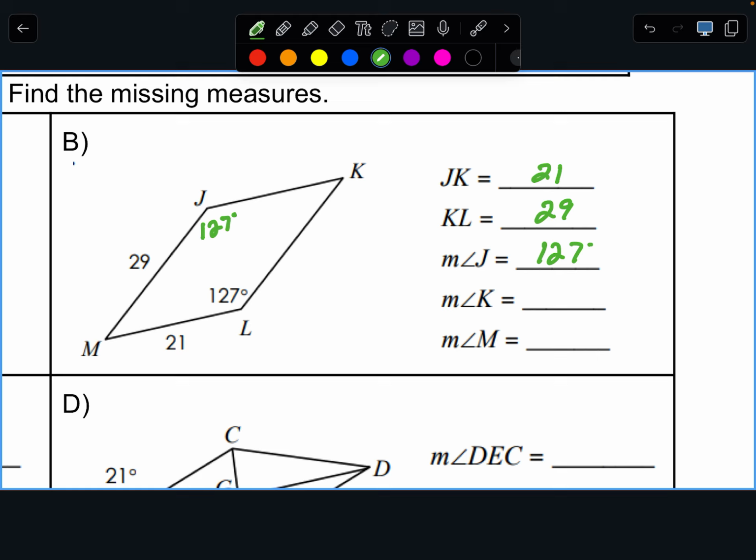Subtract. 180 minus 127 is 53. Which means that M is also 53 because that is the opposite angle for K. All you're doing is comparing opposite sides and opposite angles in most cases.